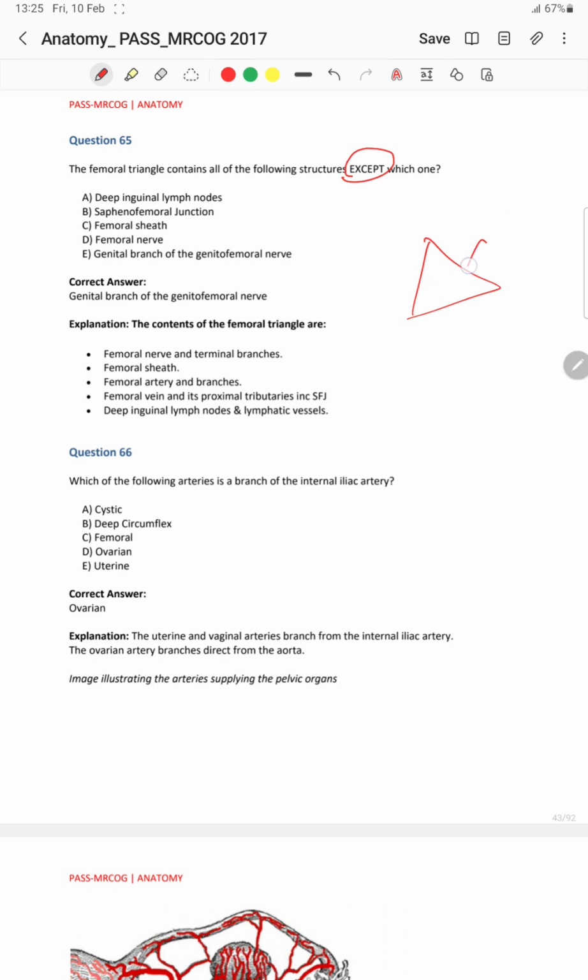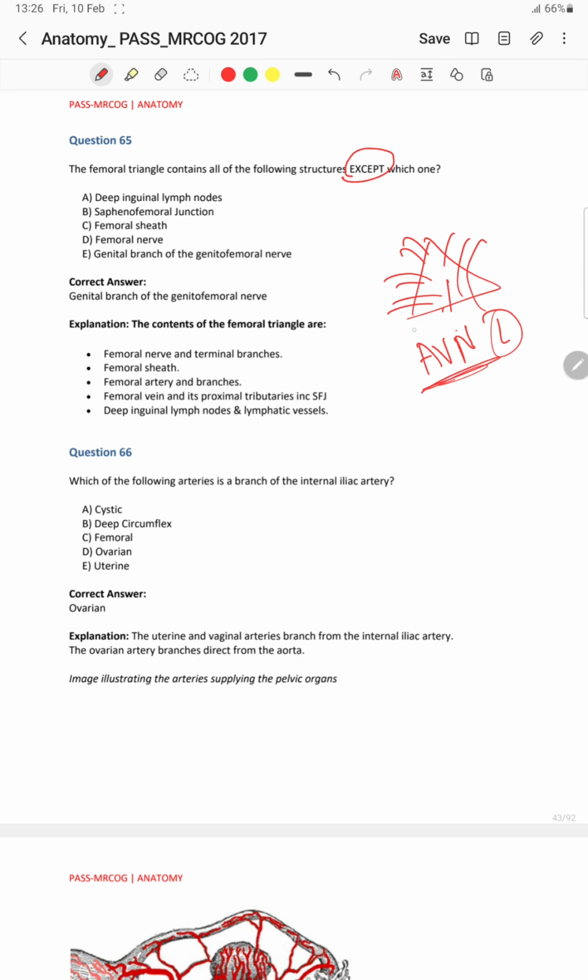Number one, the femoral nerve and its terminal branches are going to pass through it. Second is the femoral sheath. The third is the femoral artery and its branches. The fourth: when there is an artery, there will be a vein, the femoral vein and its proximal tributaries. And then the deep inguinal lymph nodes. We know that arteries, veins and nerves travel together, and lymphatic vessels also travel with them.